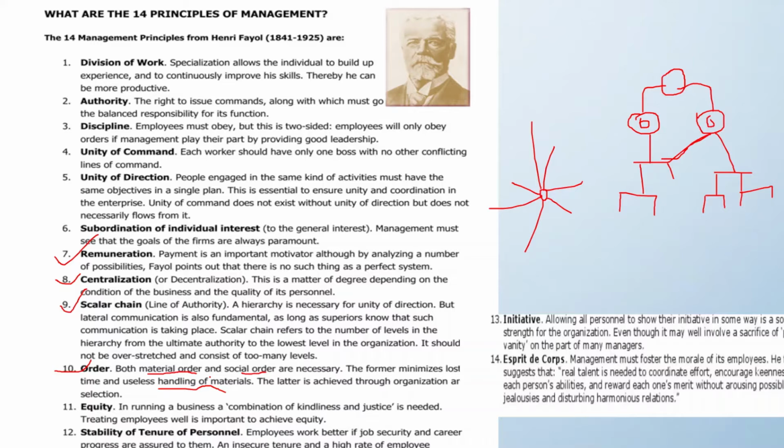Because in recruitment, if we are not smart enough to take the people who are really interested to join the organization, then at the end of the recruitment process, some people might not even join the company.